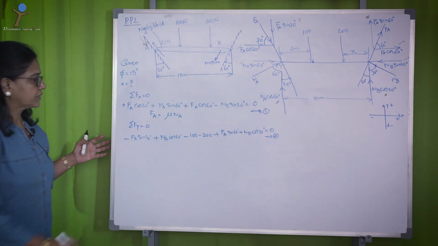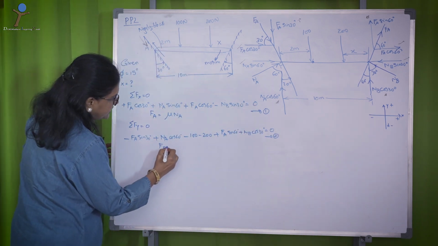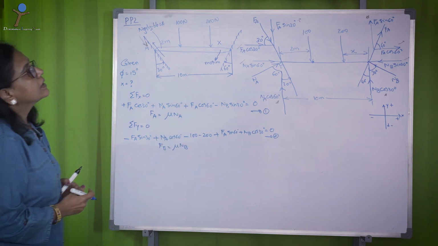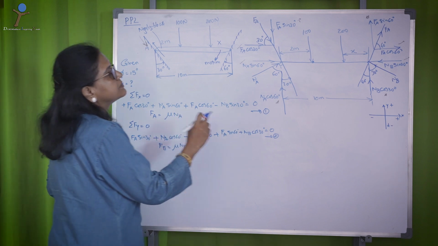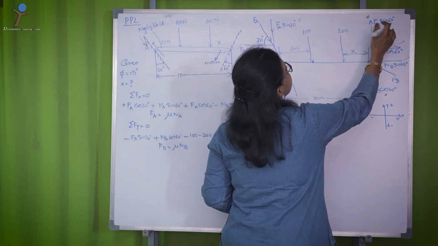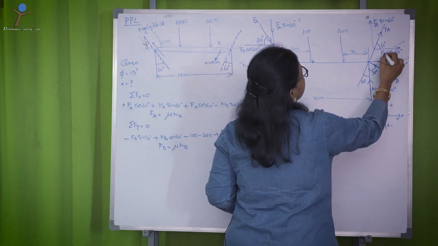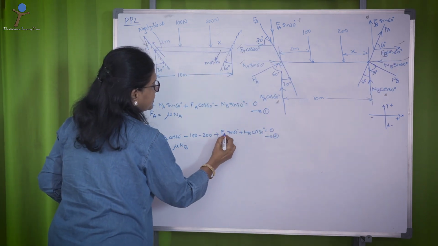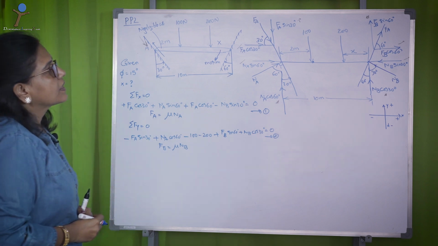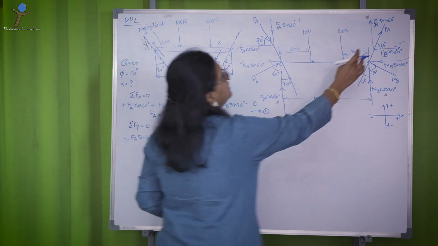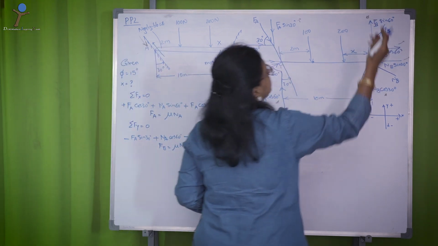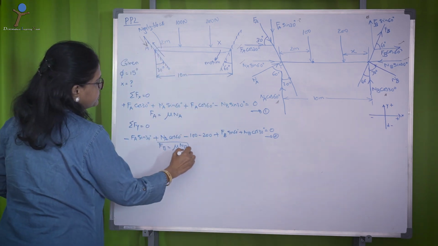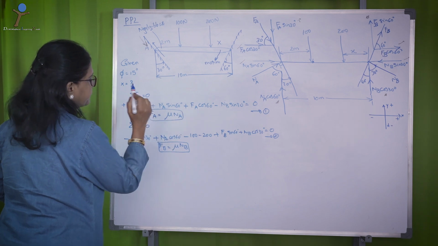Equation number 2. Now, your FB is equal to mu into NB. Oh, I am sorry, this should be represented as B and this is also B, right. So, this becomes FB. So, FB is mu NB, FA is mu NA.